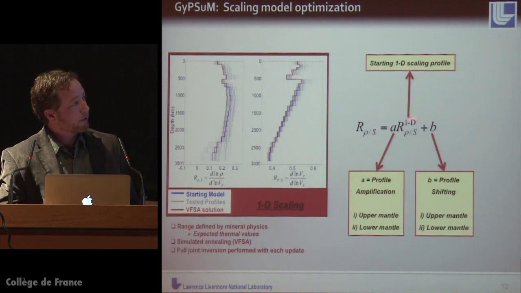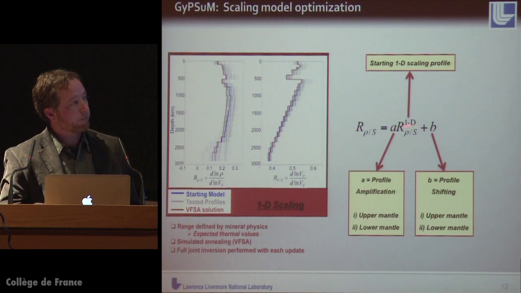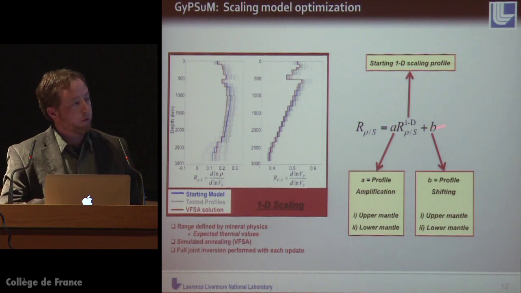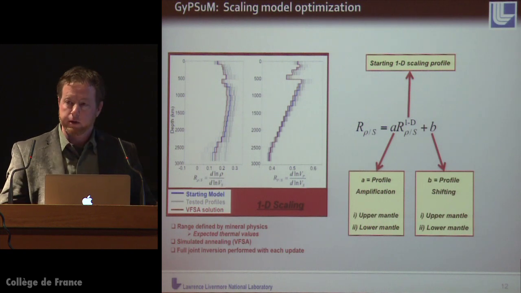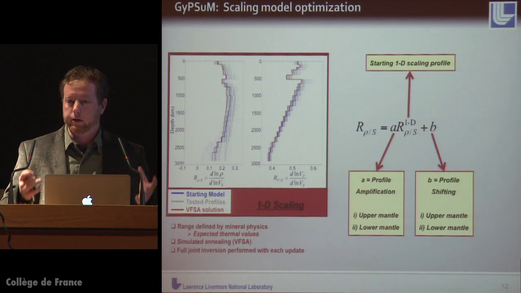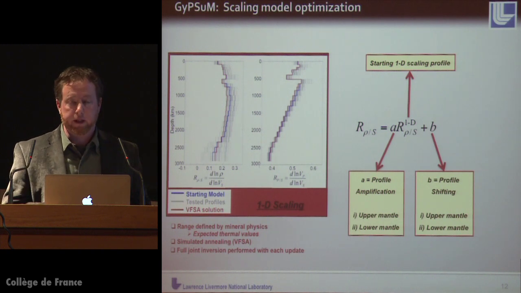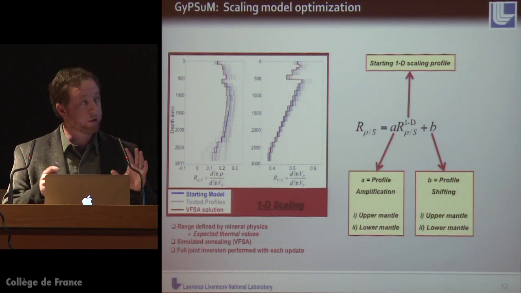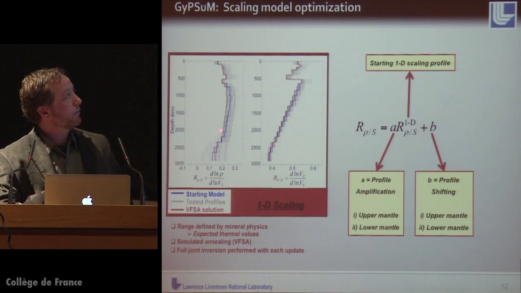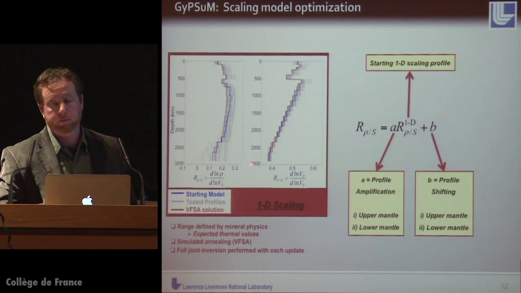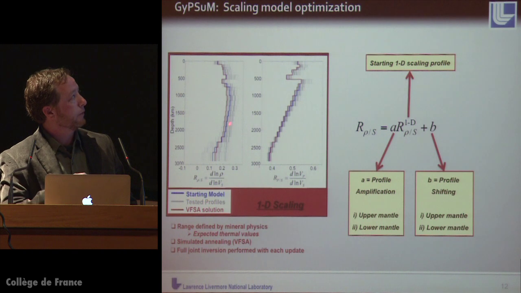And we adjust these curves by amplifying or shifting. So we can change the shape and change the amplitudes of these 1D profiles, create a global model using all of the data, and see which one's best. And we use a simulated annealing process to determine which of these curves actually fits the data the best. And maybe not too interesting, but the starting model is here, and the final solution is here.